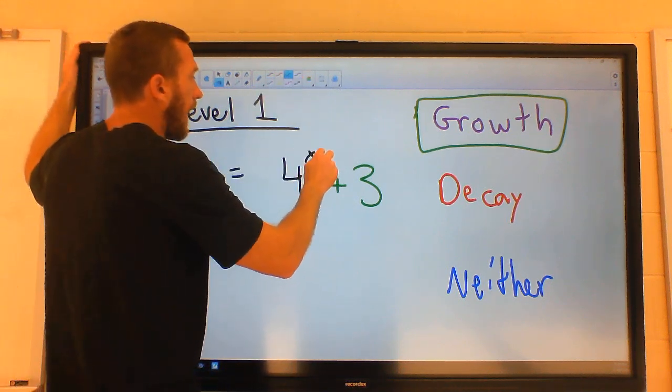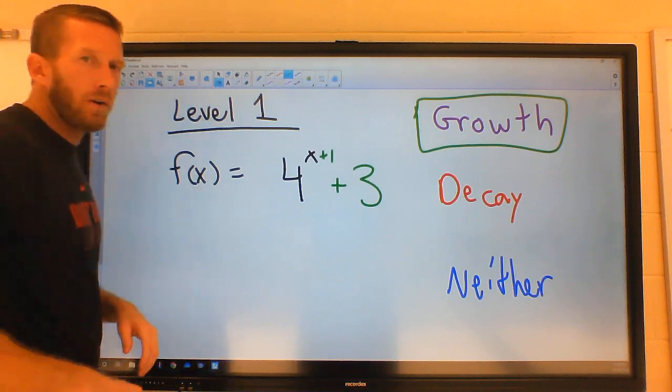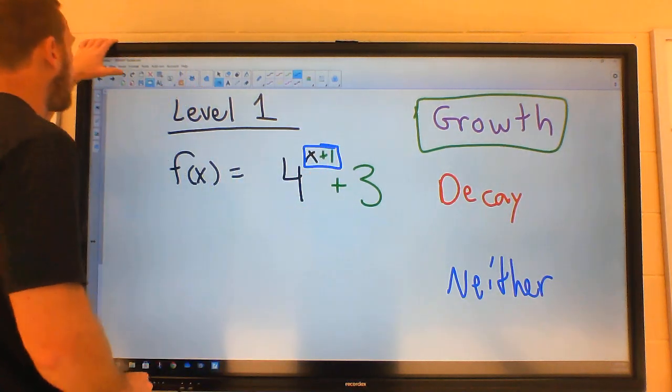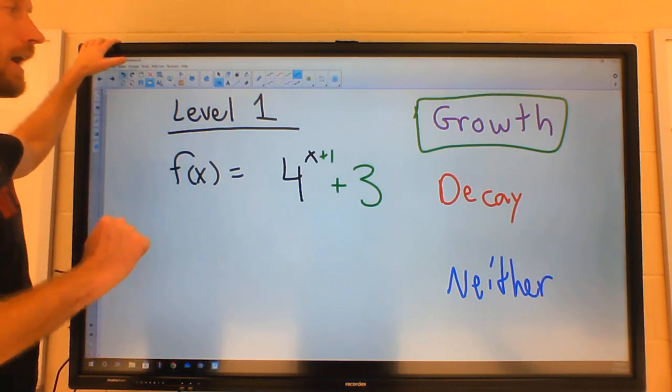And in fact, if I add something up here in the exponent as well, like the whole exponent is x plus 1, that does not impact whether the function is growth or decay.